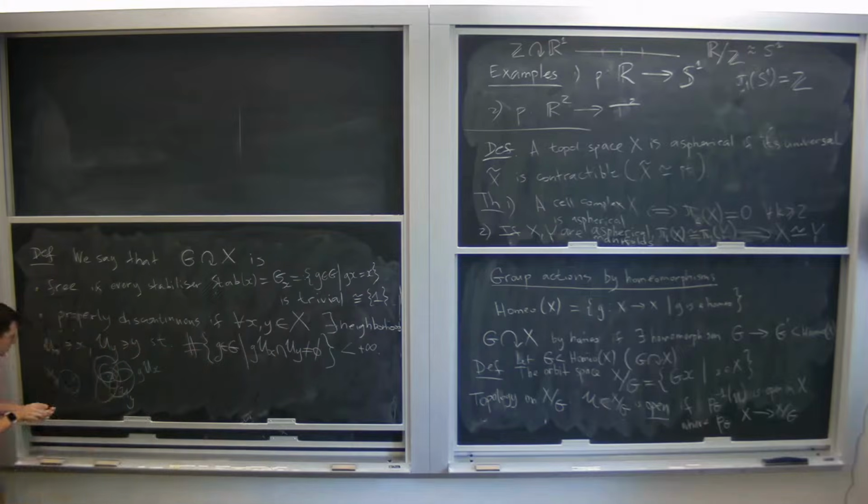UY is fixed, and I have only finitely many images of UX with respect to my total group overlapping with this UY. If it holds for every pair of points X and Y, I can choose such neighborhoods, then this action is called properly discontinuous.